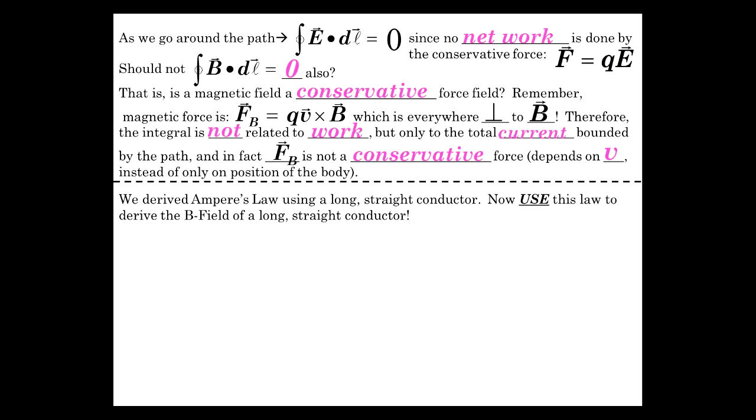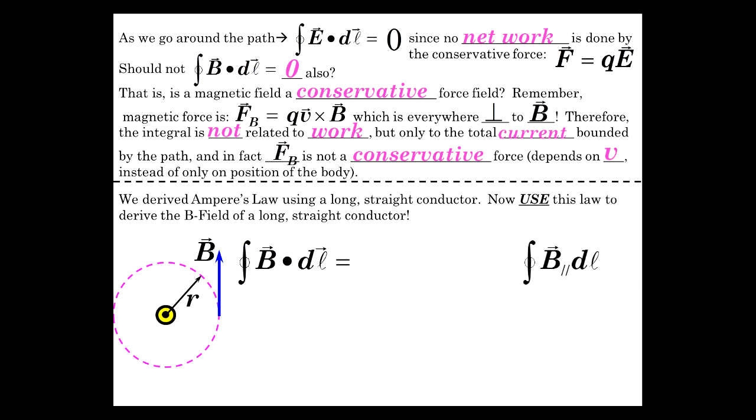Now, we derived Ampere's law using a long straight conductor. That's how we arrived there. Let's reverse the order and use that law to derive the B field of a long straight conductor. So here's our conductor, current coming out of the page, and here's the radius. We're going to find the B field at radius r. Now, there's the direction of B field.